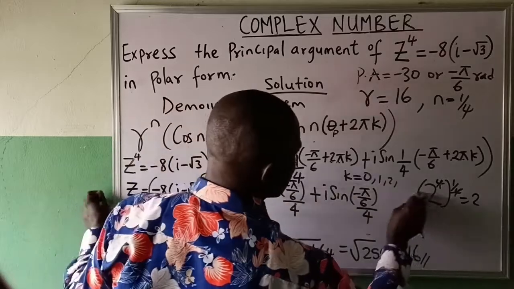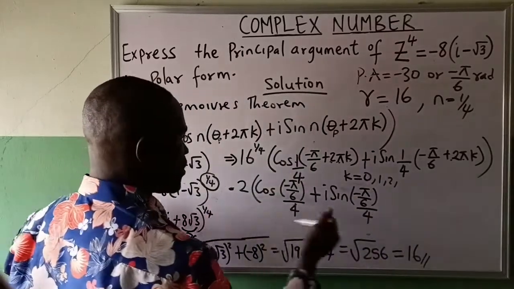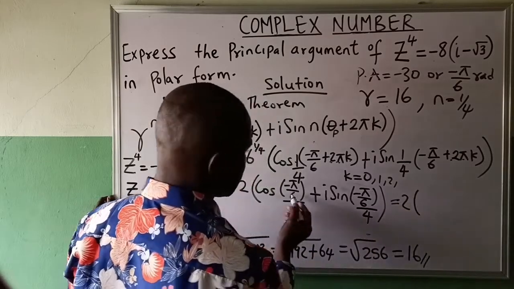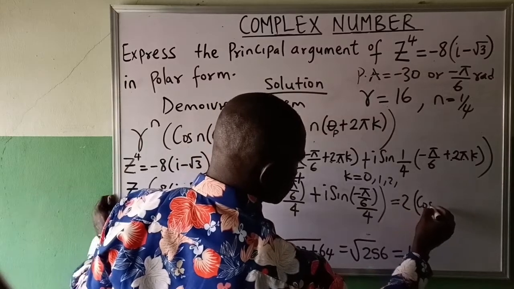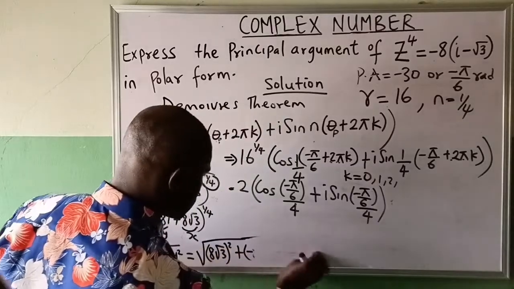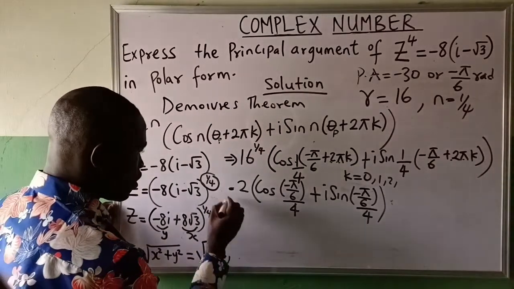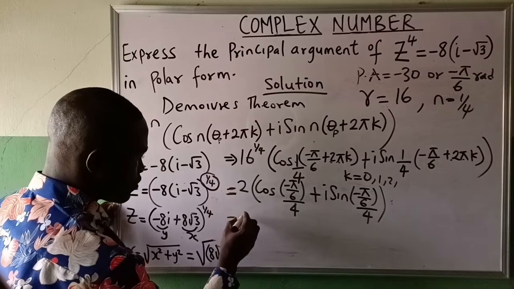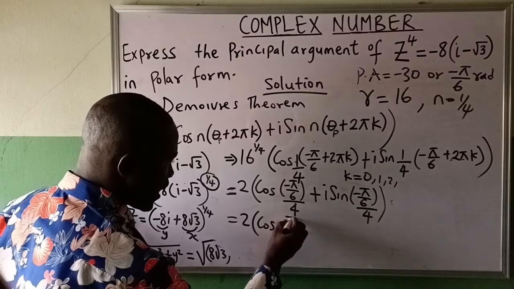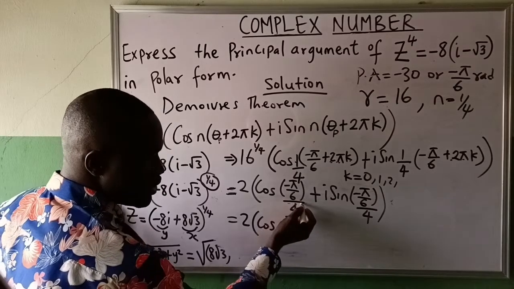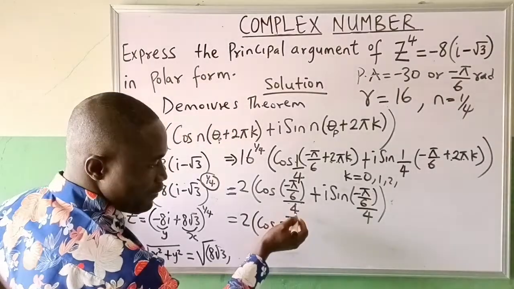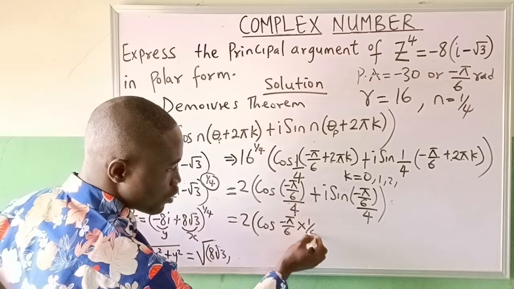Okay? Now what you'll be having finally is 2 bracket cos minus pi over 6, change division to times. This 4 means 4 over 1. It will turn to 1 over what? 4.